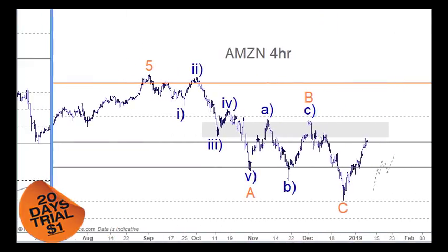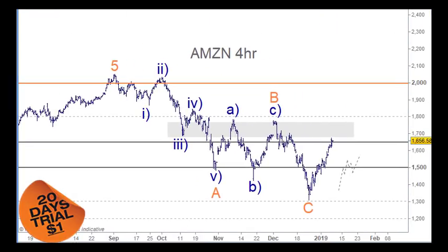So when we have a look at Amazon here for a moment, we can't look at this as the fourth wave up here because it's already moved through the top of wave 1 here. So in this case, we can have from the top here an A wave, a B wave, and a C wave in place here already for this market.